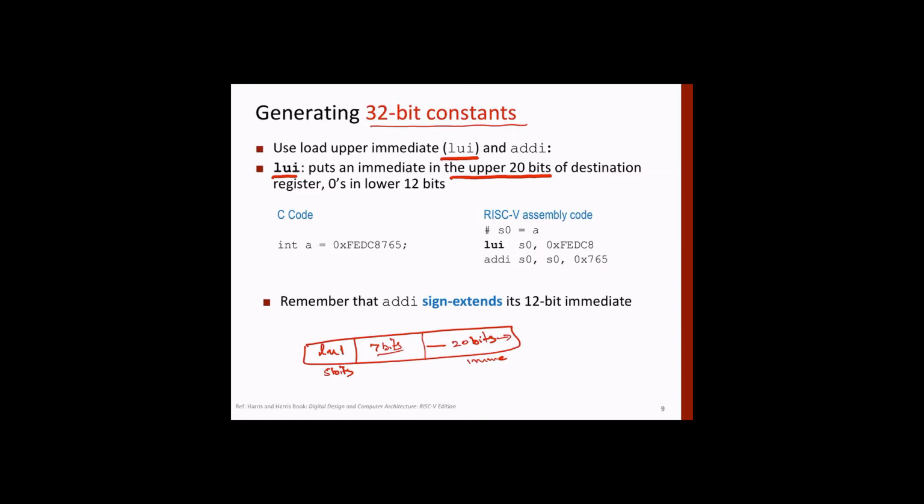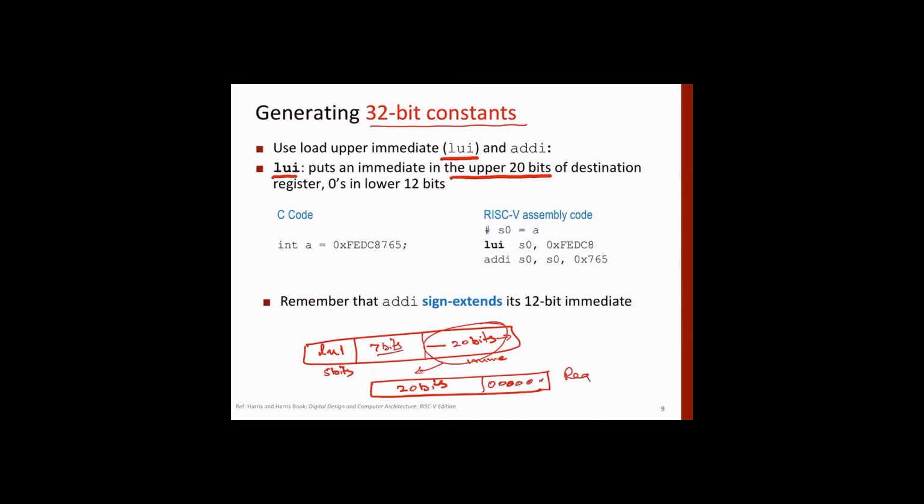All right, so now the 20 bits that are there in the instruction will be brought into this. Let's assume this is a register. They will be brought into the MSB 20 bits, basically towards the upper end of this register. So these are the 20 bits, and the remaining will be filled with zeros.